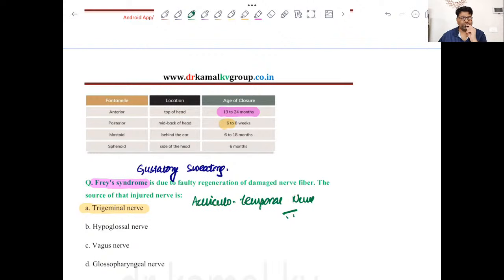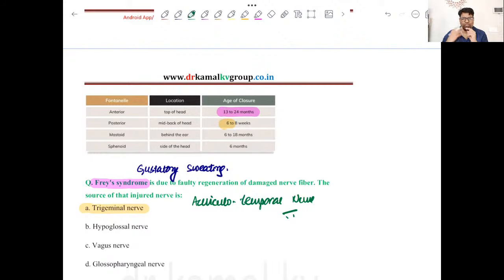Now, what is Frey syndrome actually? Usually when we eat food, there is salivary secretion from the parotid gland. But what happens is the nerve fibers, after injury, rather than connecting to the parotid, connect to the sweat glands.